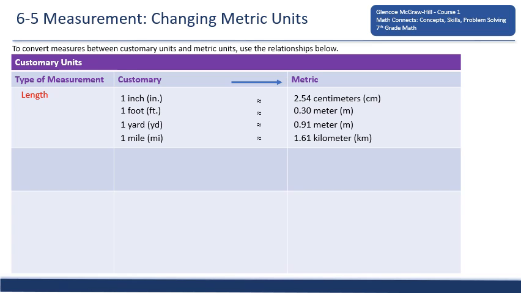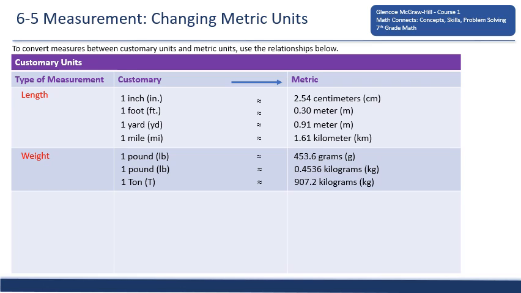And 1 mile is approximately 1.61 kilometers. Weight, 1 pound is approximately 453.6 grams. 1 pound is approximately 0.4536 kilograms, and 1 ton is approximately 907.2 kilograms.